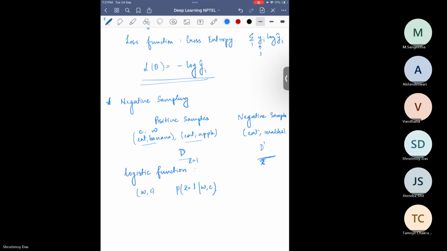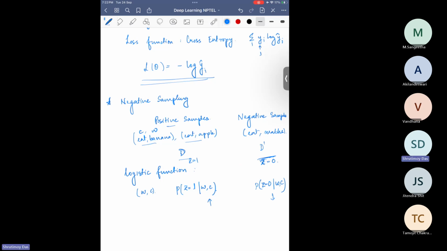So if some word and context are a positive sample, we want z equal to 1; otherwise, z equal to 0. We want to maximize the probability that w and c are in the positive samples if they occur together, and if they do not occur together, maximize the probability that they are in the negative samples.